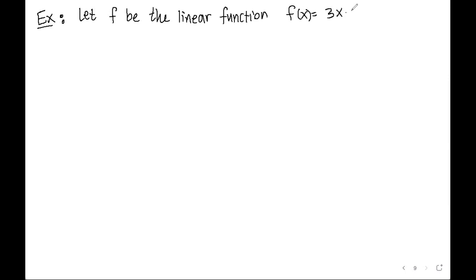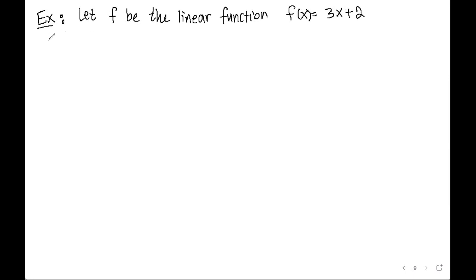Graph a linear function. So the question is, let f be a linear function, f of x equal 3x plus 2.